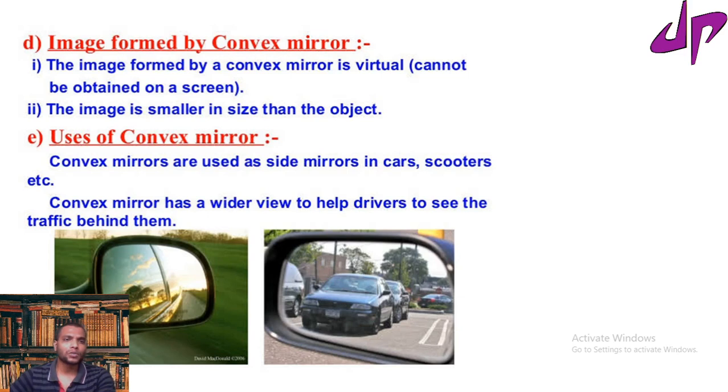In these two cases we can see the convex mirror has a wider view that helps drivers see the traffic behind them. This small mirror is able to capture a large area. So that is the advantage while we are driving, and it can be used as a rear view mirror.